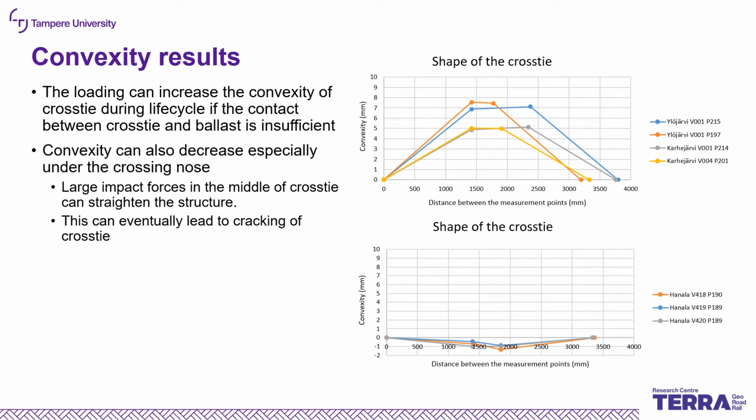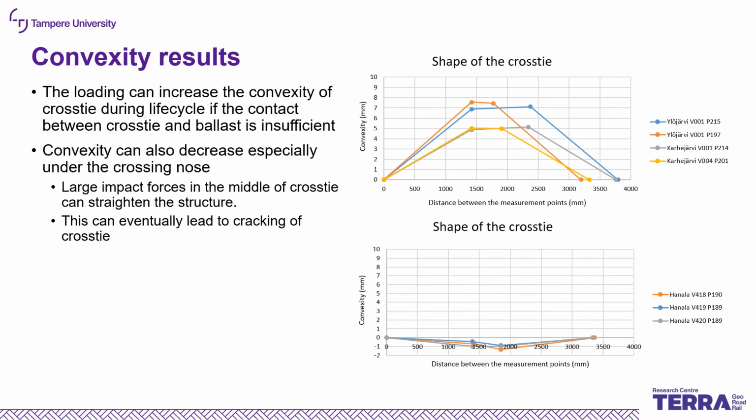But the problem is that when the convexity is increasing, the cracks evolve on top of the crosstie, so we can see the cracks in the top layer. But when the convexity is decreasing and the structure is straightening out, then the cracks evolve in the bottom layer of the crosstie, and we cannot see them.